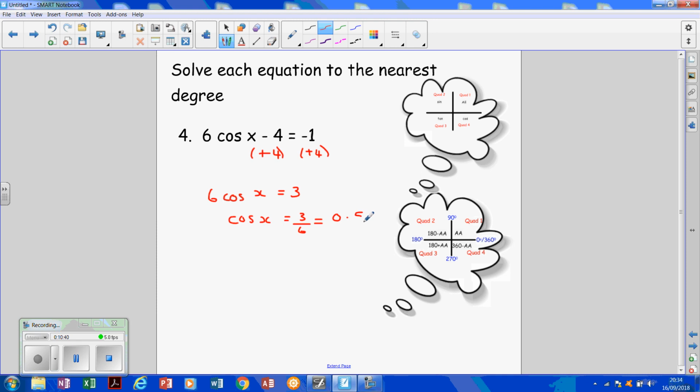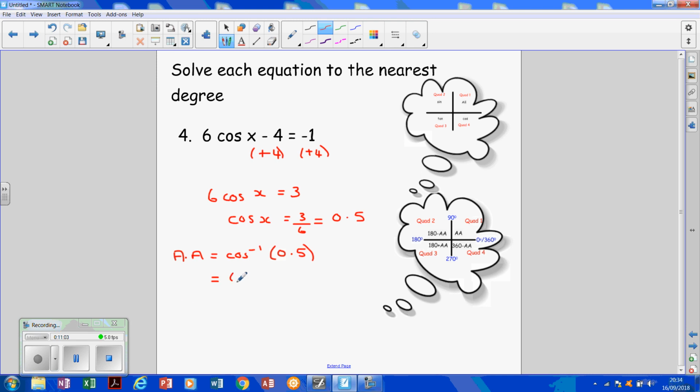Now we want to work out what the acute angle is. So the acute angle is equal to shift cos, so cos to the minus 1 of 0.5. And when I do that, I get an angle of 60 degrees. So the acute angle is equal to 60.